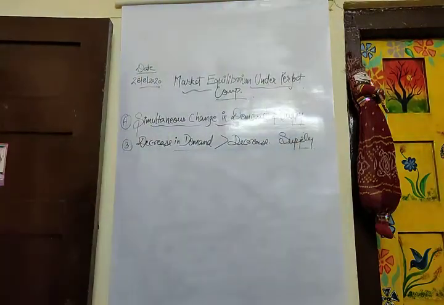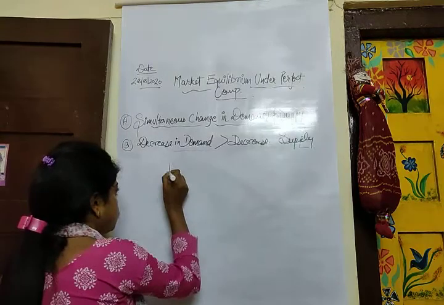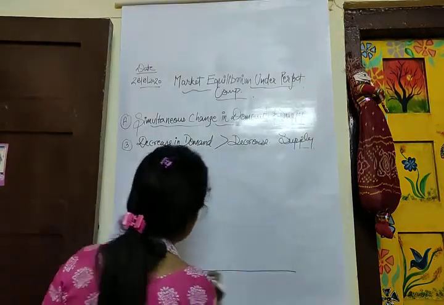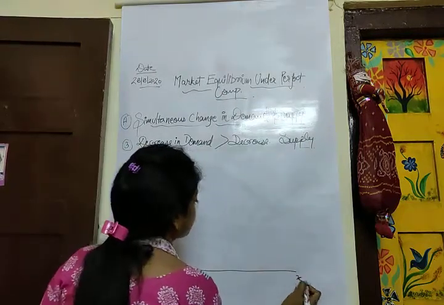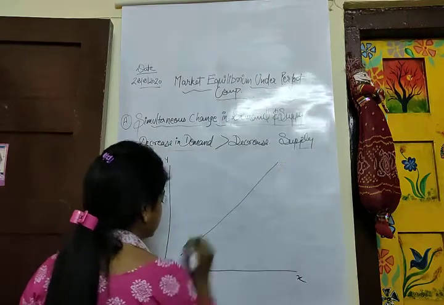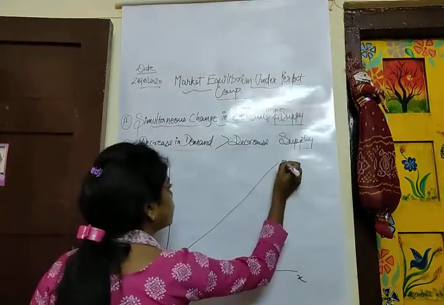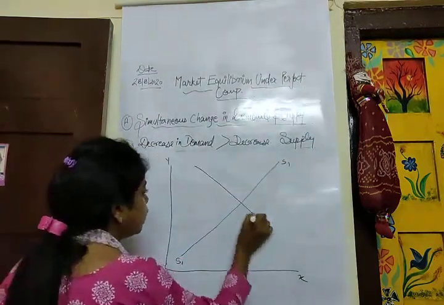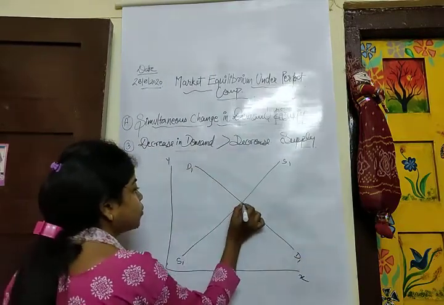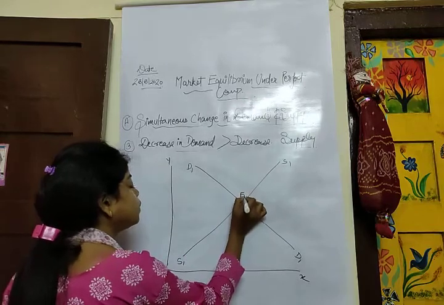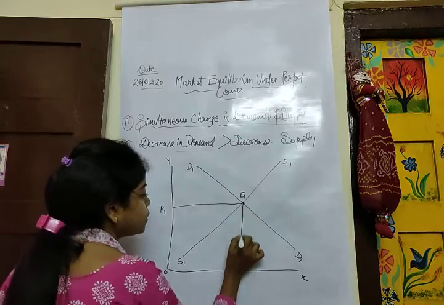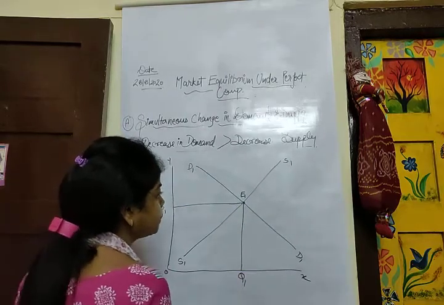The same thing again: we have to draw the market equilibrium like that. 0XY, it is S1, it is D1, the intersection point is E1, the price is P1, and the quantity is Q1.